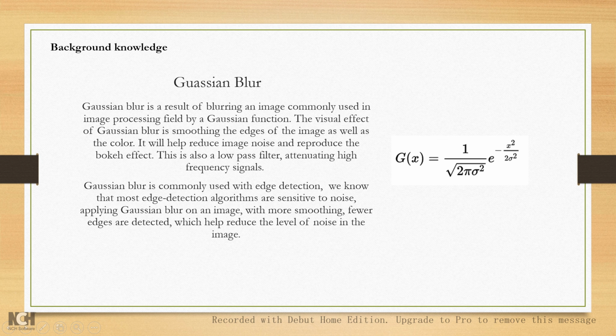This is also a low-pass filter. We know that most edge detection algorithms are sensitive to noise, so applying Gaussian blur on an image is more smoothing. Fewer edges are detected, which will help reduce the level of noise in the image. I will use Gaussian blur in one of our filters, which is the sketch filter.